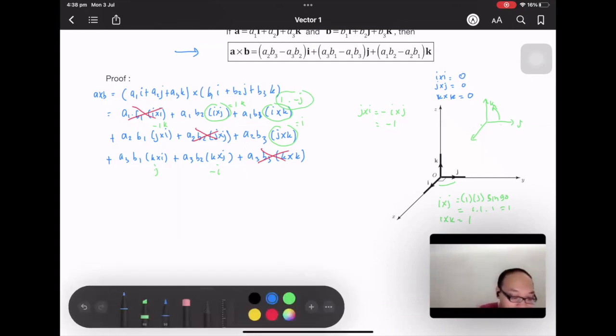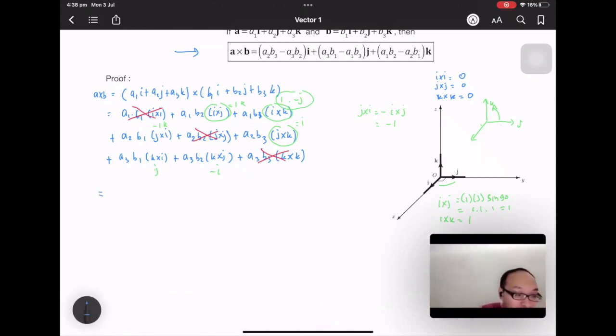Okay, so we can simplify the answer. A1, B2, K minus A1, B3, J. Okay, we just rewrite first.